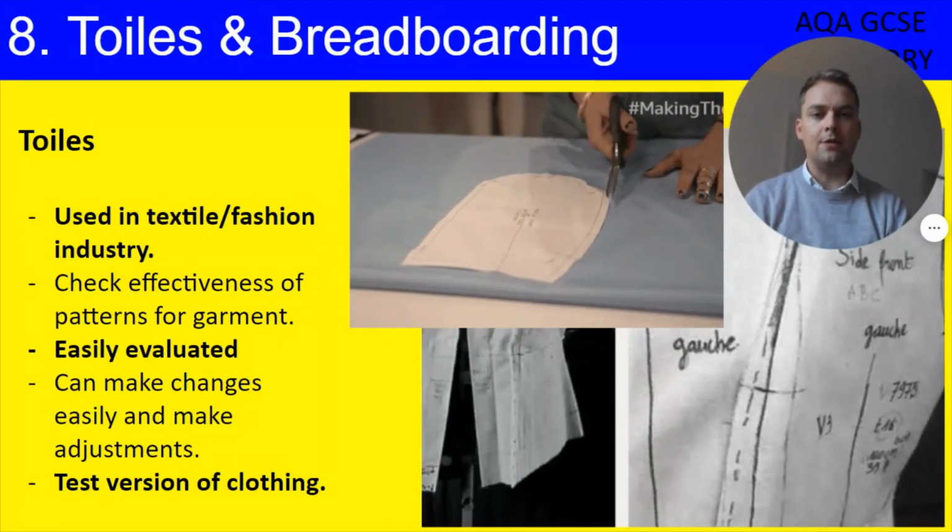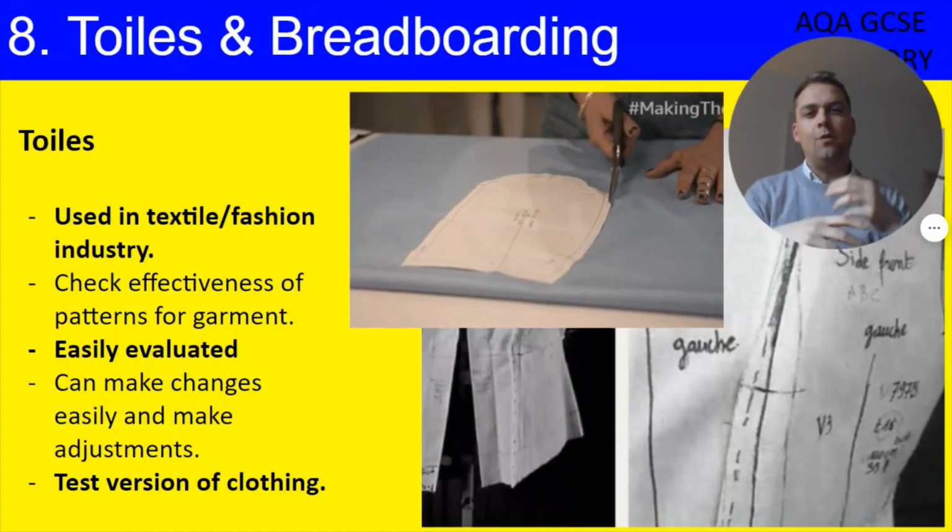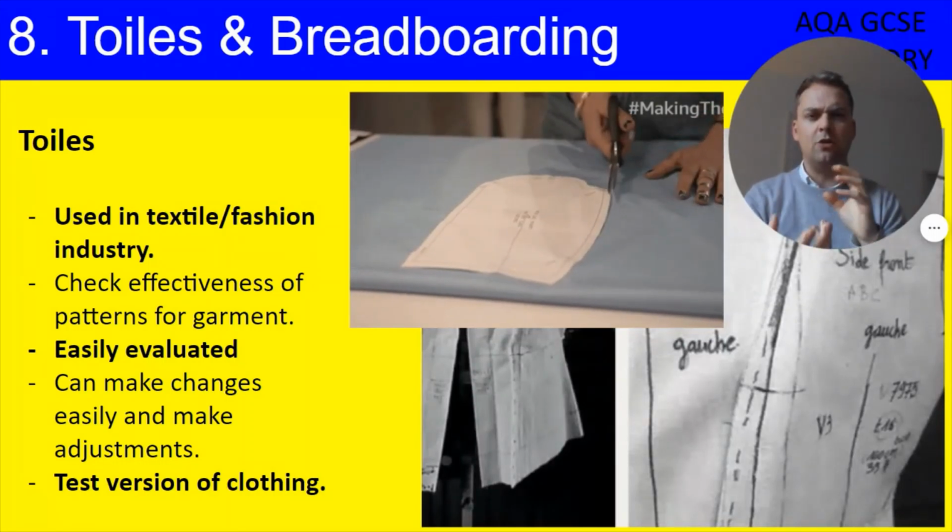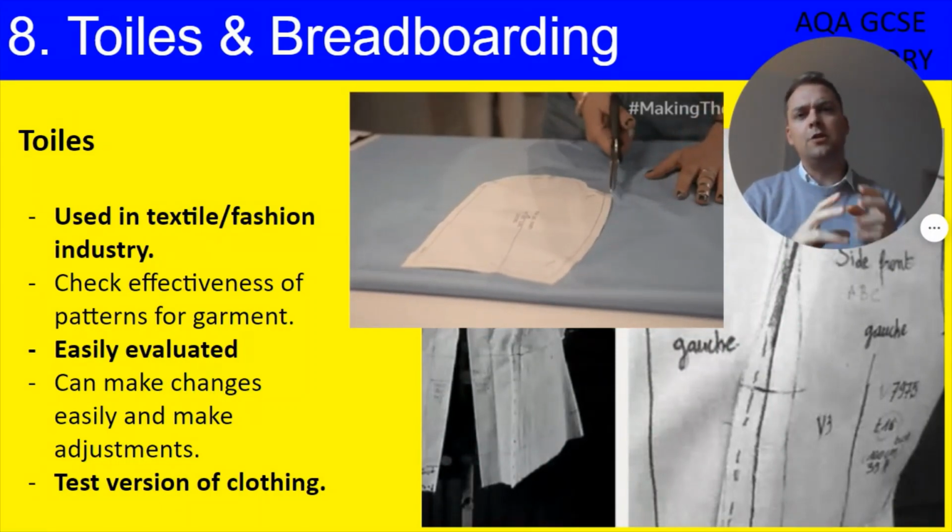So it means that once made, they can become easily evaluated. So once you've made the pattern, we can look around, we can check its fitting, and we can find out if it's going to do the job that we intended it to do. So it can also be used to make changes and to make adjustments.